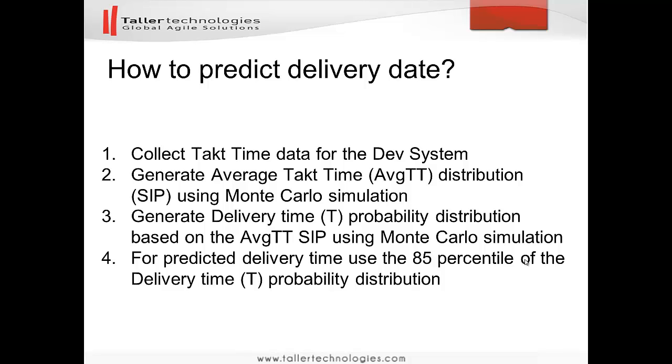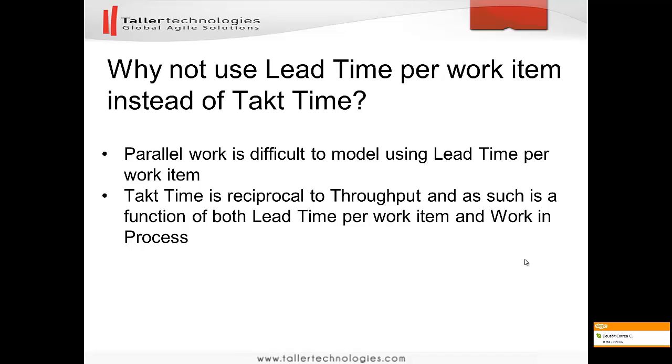Then when we have the distribution for the predicted delivery time, we will use the 85th percentile as the delivery time that we will be communicating to the customer. The 85th percentile means that for every 6 out of 7 projects we should be able to meet the predicted delivery time.